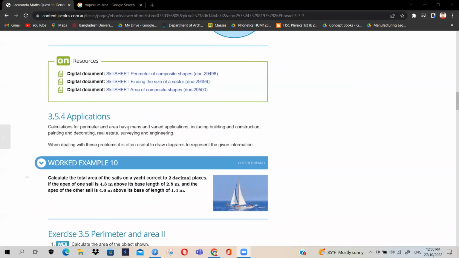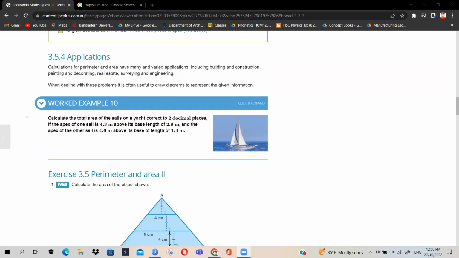Applications. Calculations for perimeter and area have many and varied applications, including building and construction, painting, and everything. So calculate the total area of the sails on a yacht, correct to two decimal places.